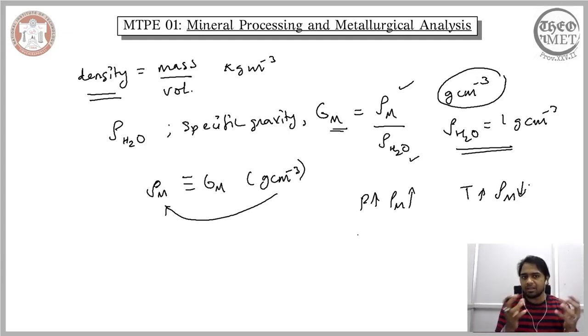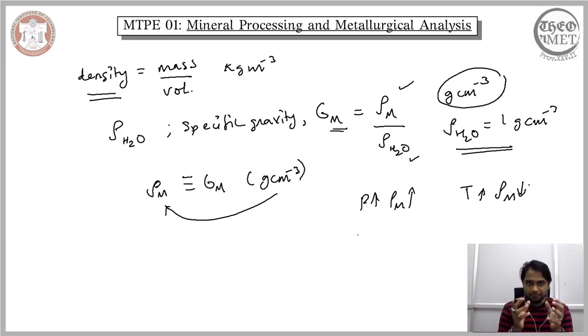So these are often referred to as macroscopic properties, properties that are relevant on a larger scale. In a real life situation, you are able to ascertain the mass of a given component and you are able to know its volume. Therefore this property is a macroscopic physical property of the mineral.